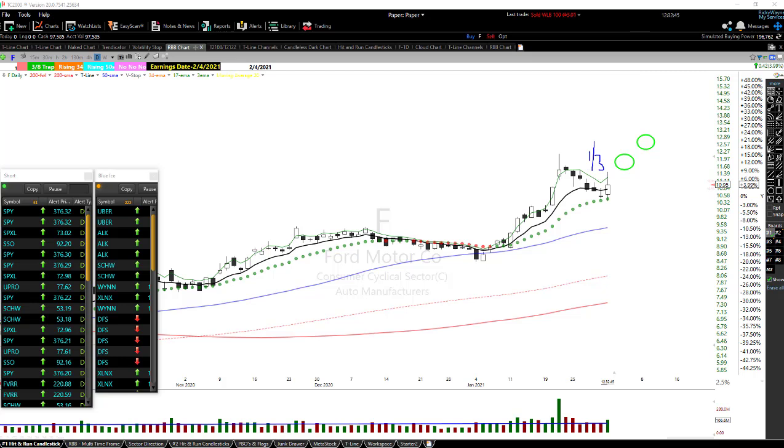It moves up again, and I might take another third off the table. It moves up again, and I might take that last third off the table. And that's what I do there. So it has nothing to do with bonds. It has nothing to do with anything other than the chart and my profit goals.